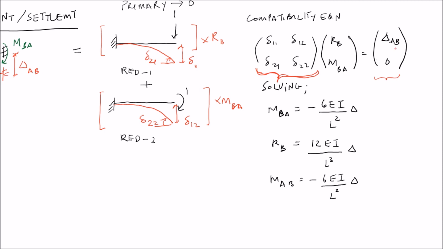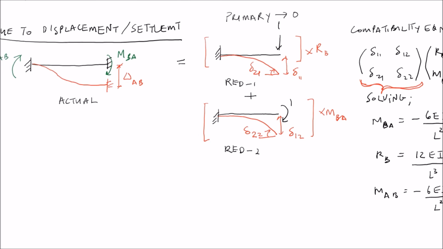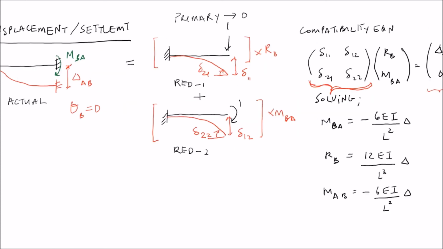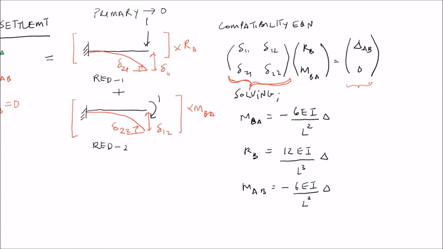For the actual system, there is displacement, but rotation at B is equal to 0. That is why the equation looks like this. This is known, and you can take the values similar to the ones we have developed before. If you solve this, you will get MBA as this, RB as this, and MB as this.